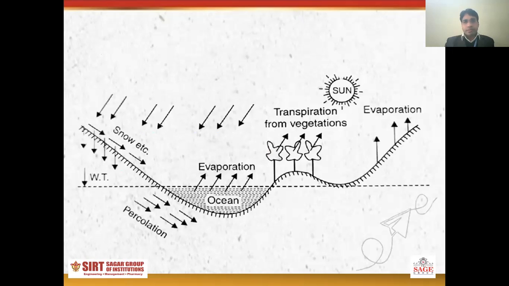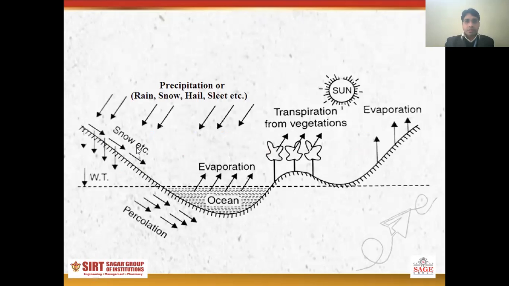Here you can see the graphical representation of the hydrological cycle. This is the precipitation, or we can say this is the rain, snow, hail, sleet, etc. This precipitation, or rainfall, is on the earth's surface in the form of snow, rain, sleet, hail.